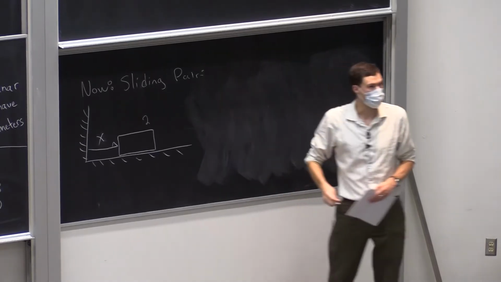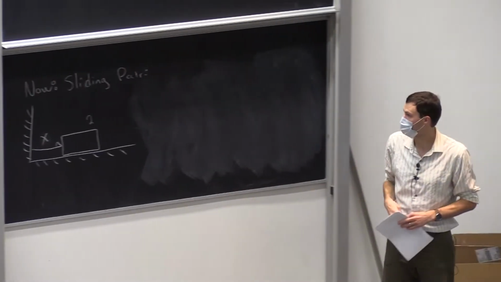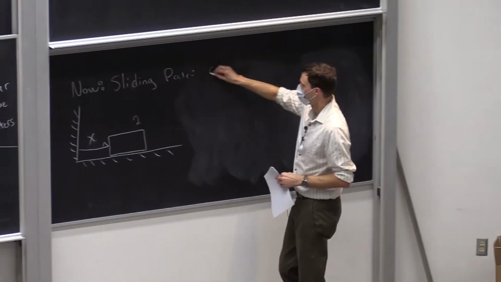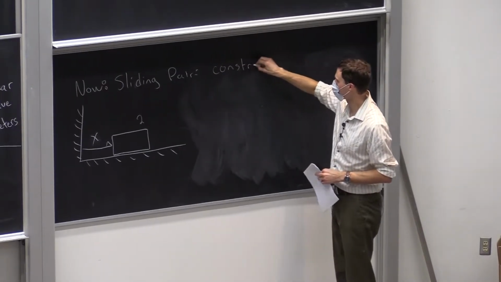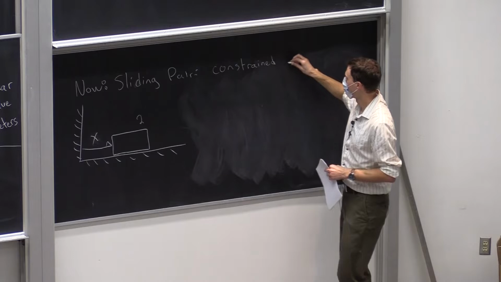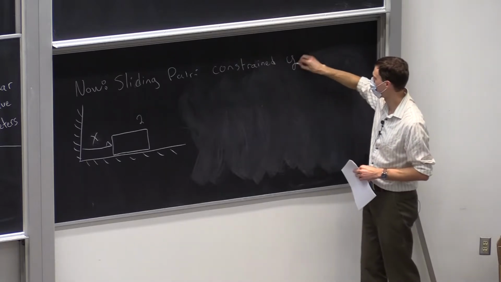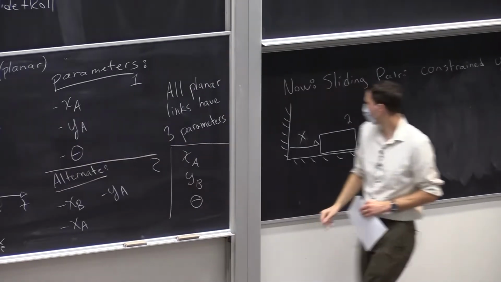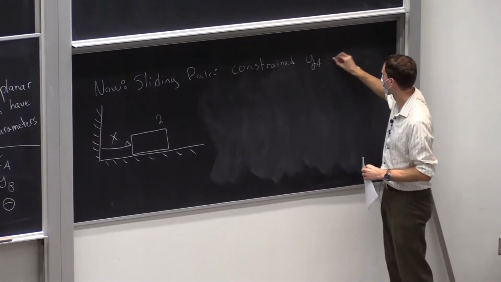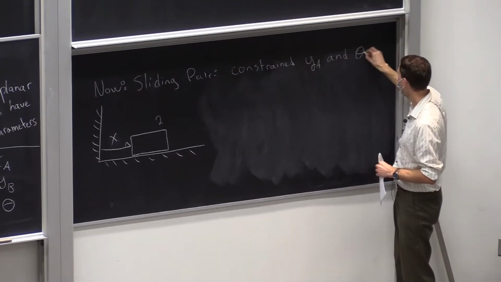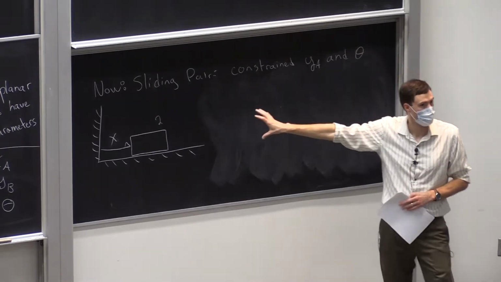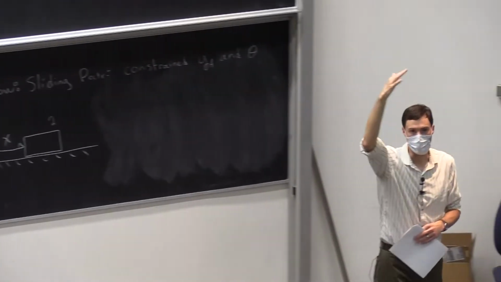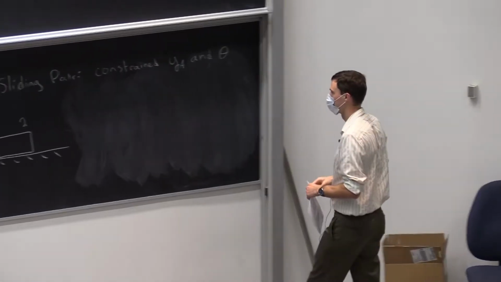So the sliding pair has constrained our other parameters, right? So what has been constrained? The other 2. We're going to keep using our same ones here, y_a and theta. The link can't rotate, and the height can't go up and down. It's just sliding horizontally.